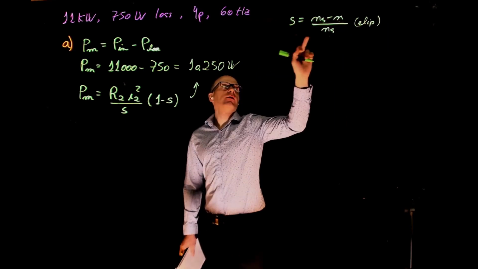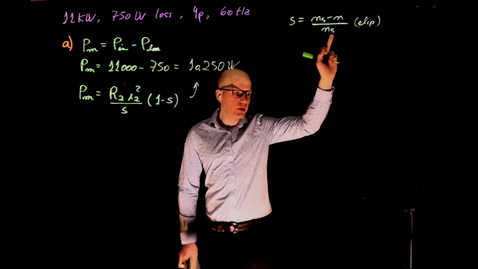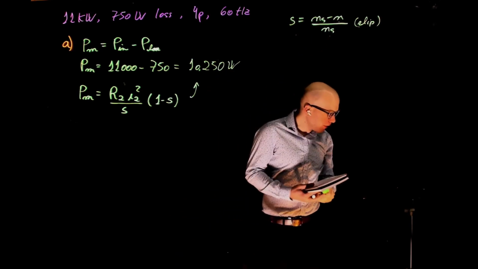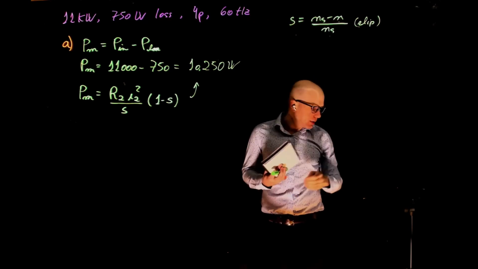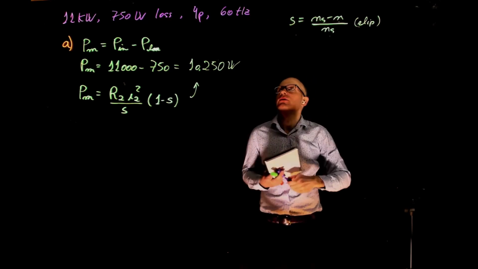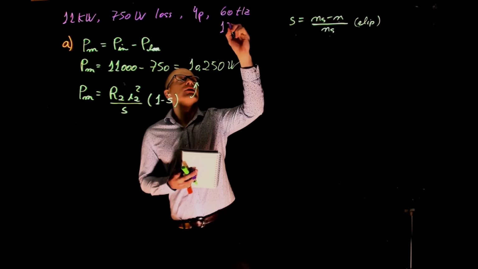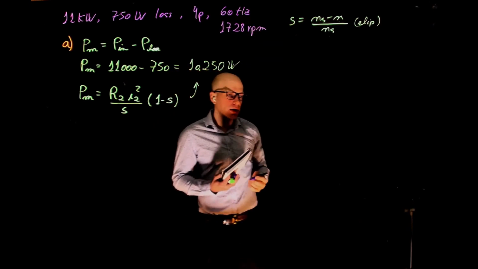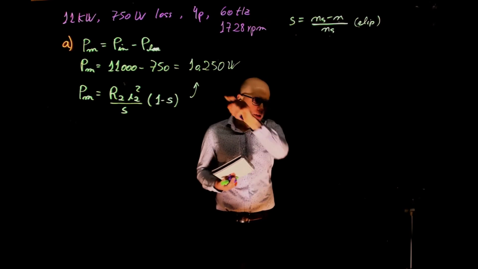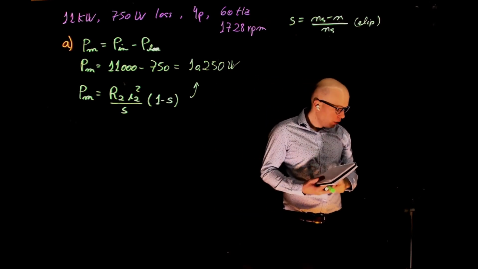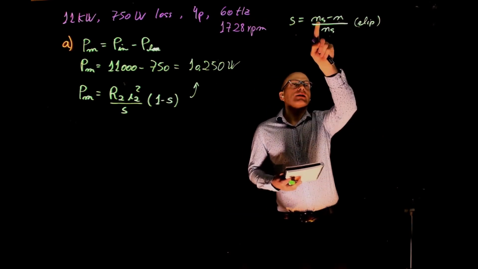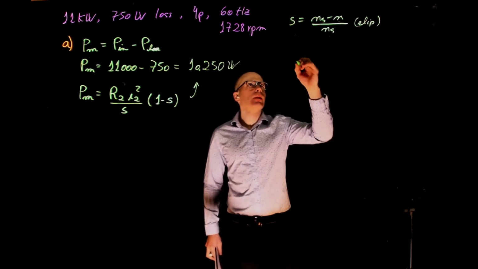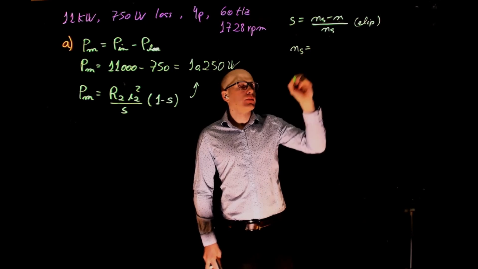What is S? We have the synchronous frequency, the motor frequency, times NS. What do we have from the problem? The problem gives the speed of the rotor, that is 1728 RPM. It rotates at this speed when it delivers this much mechanical power. What is NS? That is the synchronous speed.